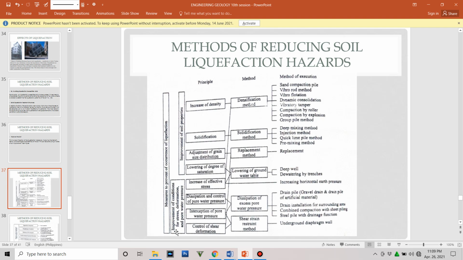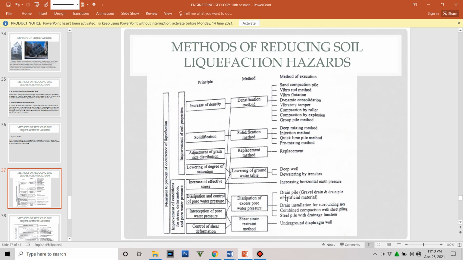Okay. So another under improvement of conditions for stress, deformation, and pore water pressure. So we tend to increase the effective stresses. So we increase horizontal earth pressure, and then dissipation and control of PWP or the pore water pressure. Okay, so the principle or the method is dissipation of excess pore water pressure.